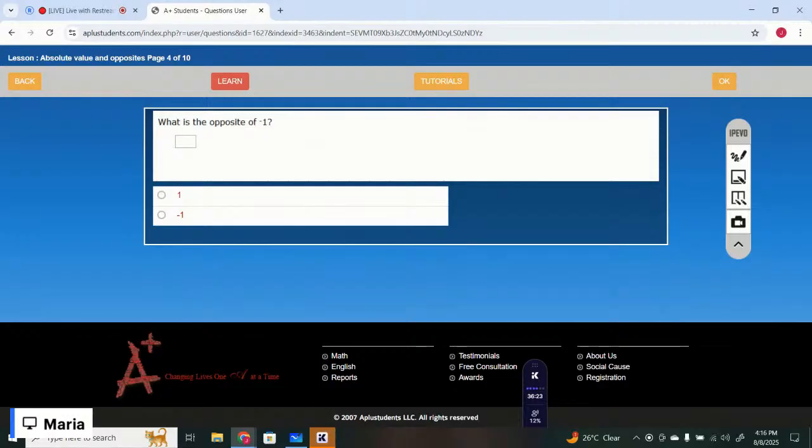What is the opposite of negative 1? So the opposite of negative 1 is positive 1. Option number 1 is the correct option.